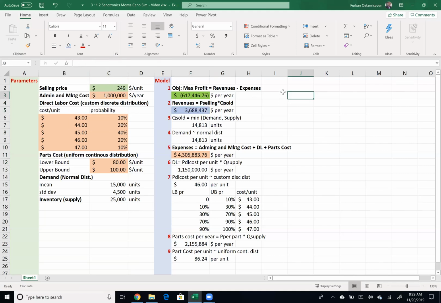So what's next is that since whenever I press F9, my numbers change, what I would like to do is run the simulation many times so I can understand overall what is going on in my model. So that's why I will create a simulation section here.